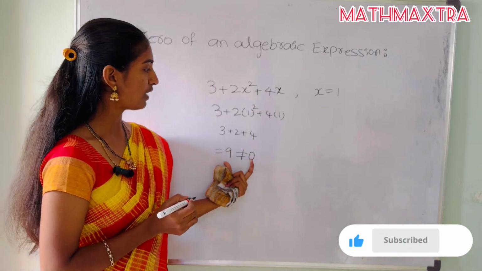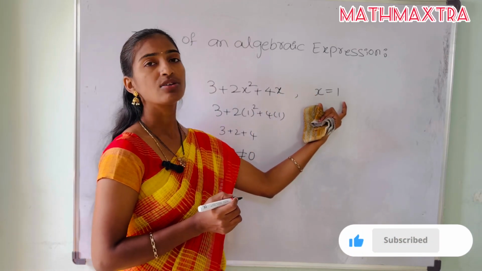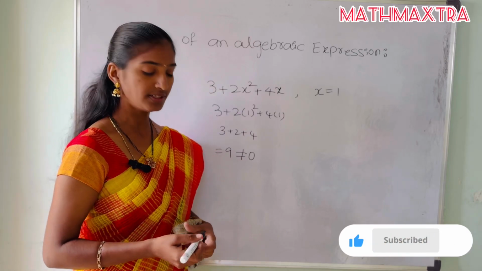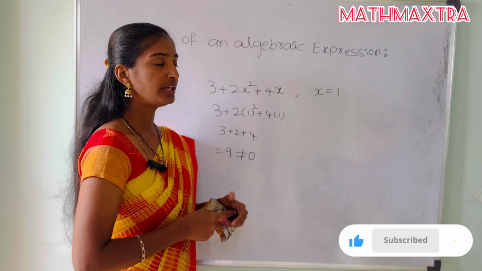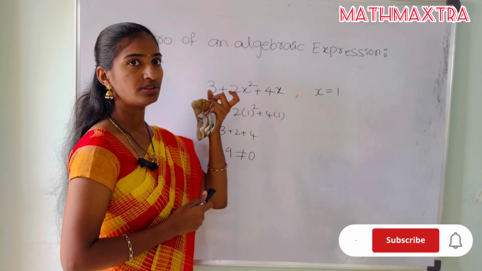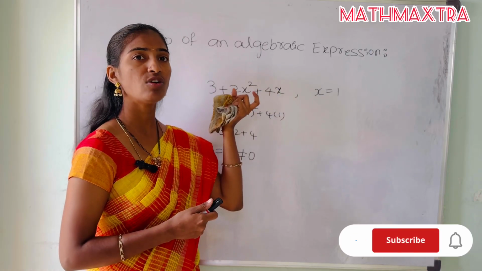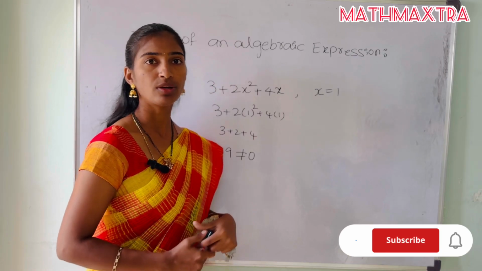If the expression value becomes 0, then we can say x is equal to 1 is a zero of the algebraic expression. Did you understand what a zero of an algebraic expression is? Sometimes we need to check whether a given value is a zero of an algebraic expression or not. At that time you can do it like this. Okay, thank you.